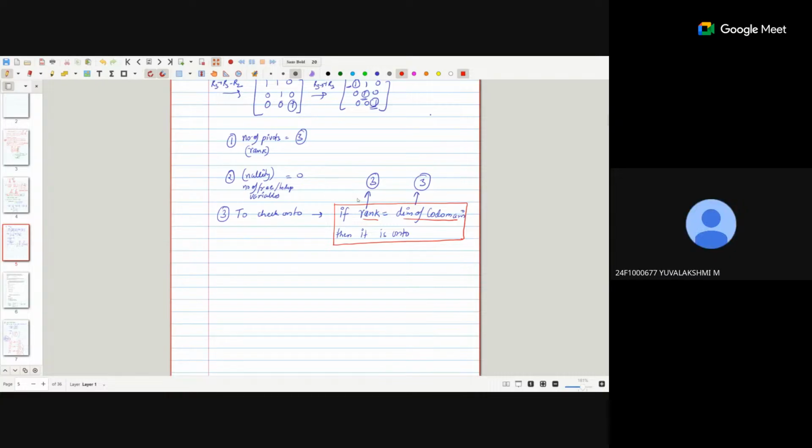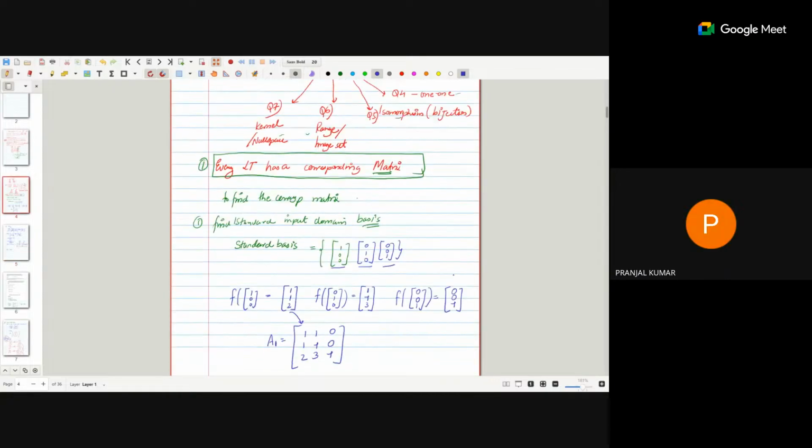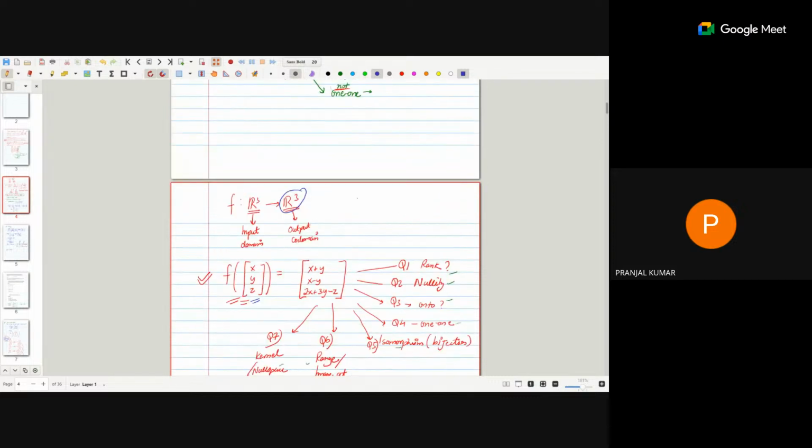So, may I know what is the dimension of codomain? Yeah, I cannot hear you. There's a lot of background noise from your end. So see, dimension of your codomain, in case it is given to be a simple geometric space like Rn, then this n is the dimension of that geometric space.